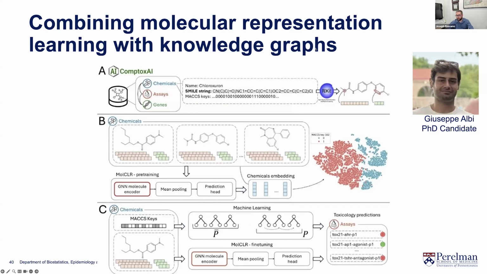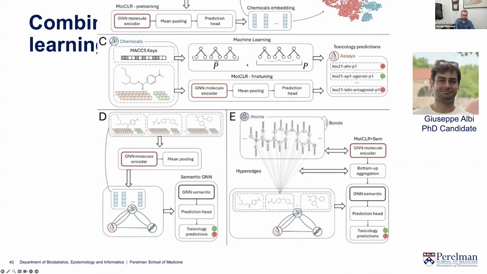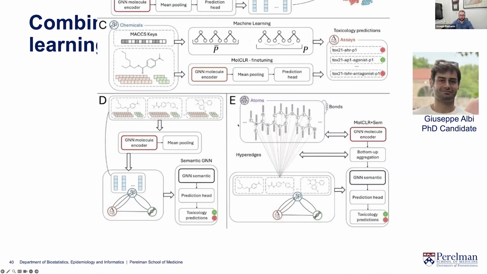His name is Giuseppe Albi at the University of Pavia, who visited our lab to show that if you take the knowledge that's in ComptoxAI and then you add a formal representation of chemical structure, we can perform even better on this QSAR approach, and we can start to get explainable outputs telling you which regions of the chemical the AI algorithm is focusing on when it's making a prediction that this is toxic or not. So it can start to talk about the active regions of chemicals that are likely binding to something at a molecular level and conveying that activity.